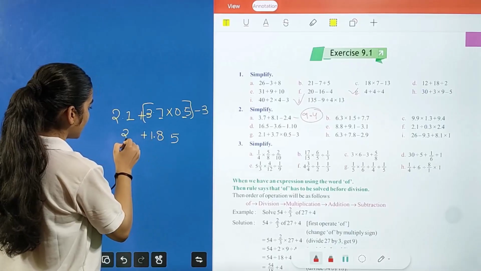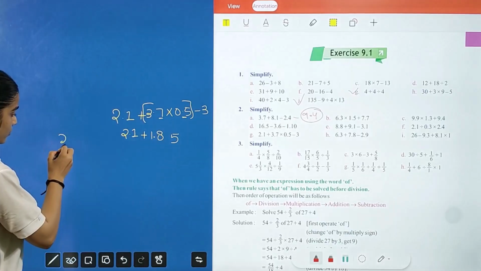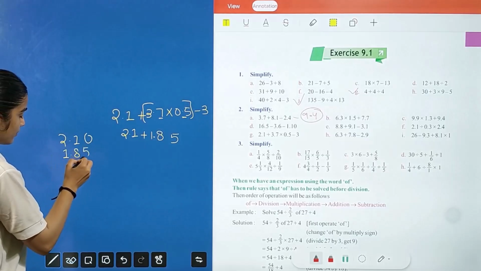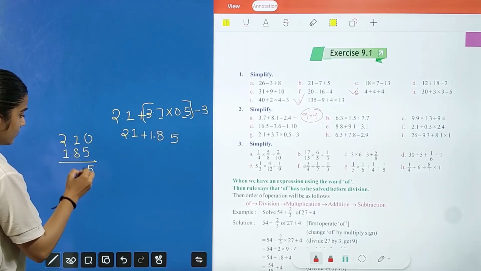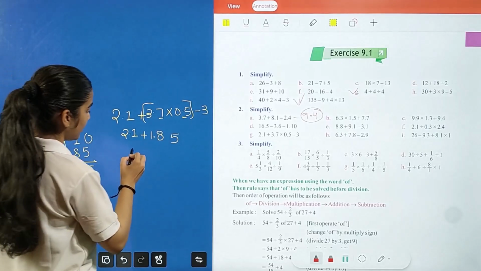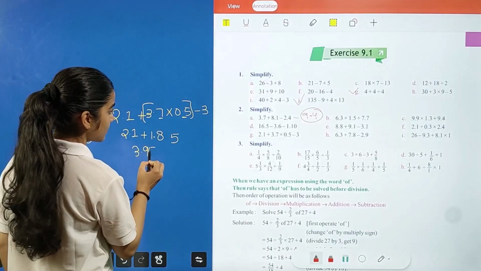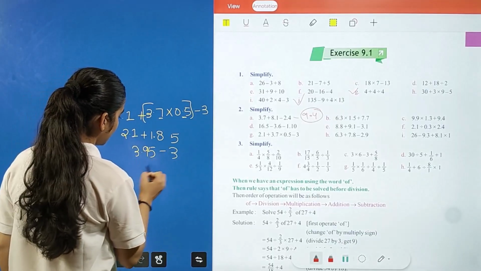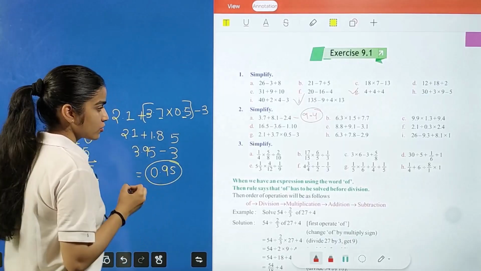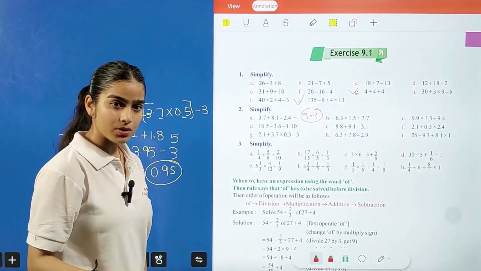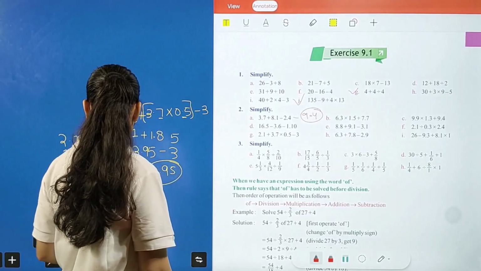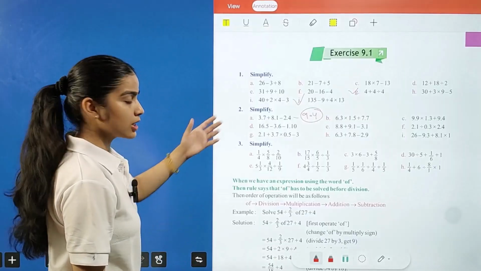Then we have to take addition of it. 2.1 plus 1.85 is 3.95. Now you have to subtract 3 from it. So the answer is 0.95. So students, you have to repeat the same process as I did for solving these two questions, and by following those steps you can get your answer.